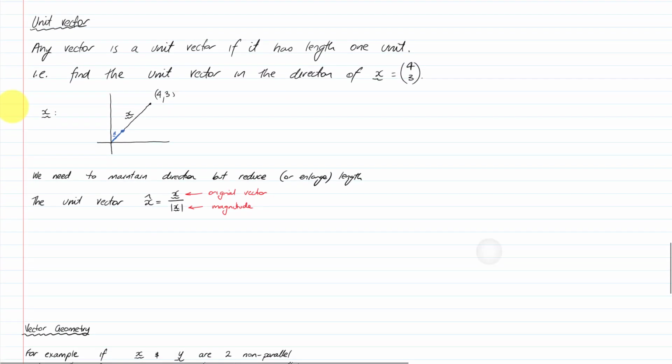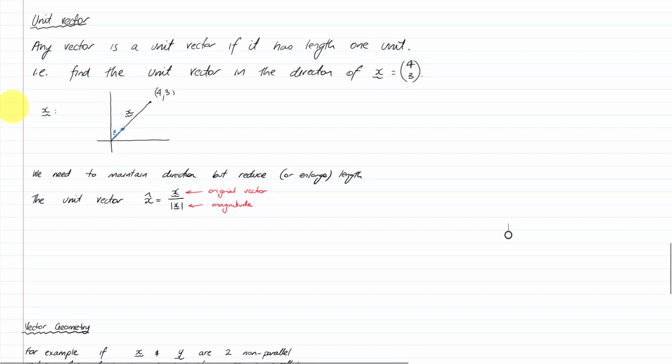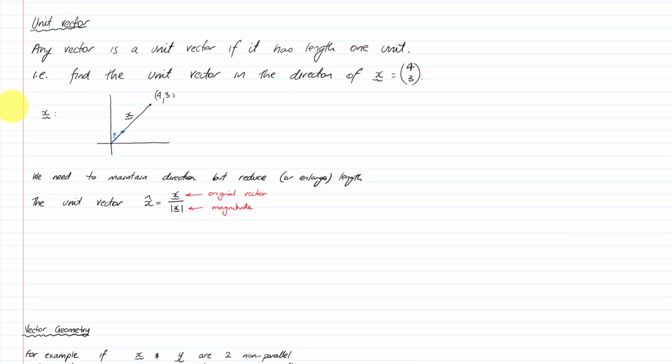It's also important to know what a unit vector is. Any vector is a unit vector if it has a length of 1 unit. So we probably need to talk about finding the length as well. If you've got a vector here, in this case x is equal to 4, 3, and we draw x, which is this vector from there to there. Because it's 4, 3, that represents a horizontal movement of 4 and a vertical movement of 3.